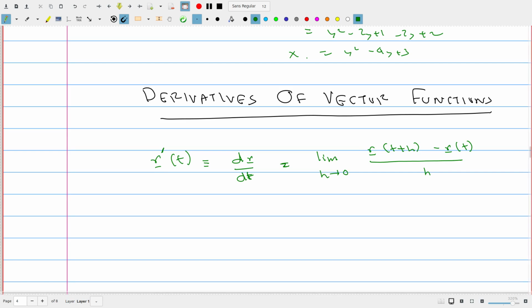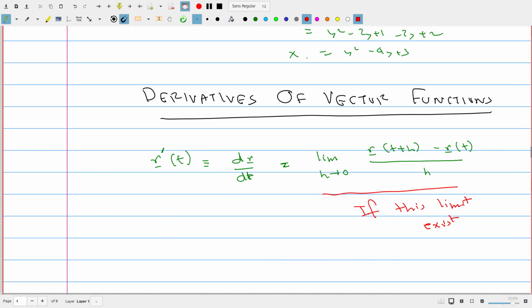Now, of course, if this limit exists, then the derivative exists. If it doesn't exist, we say the derivative does not exist.